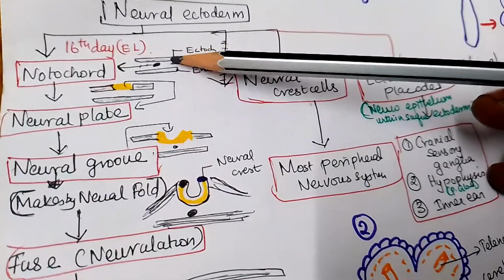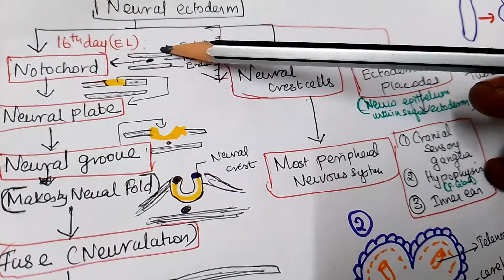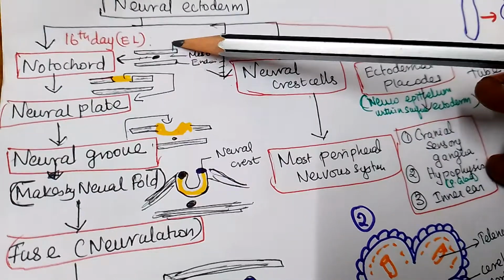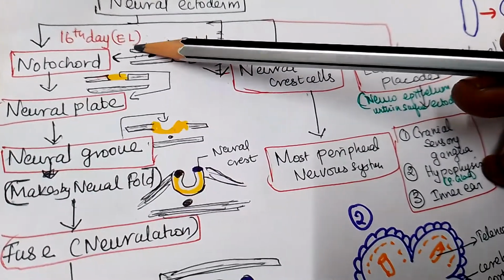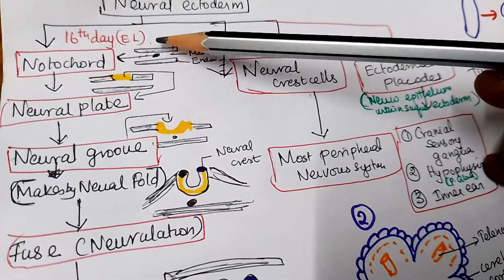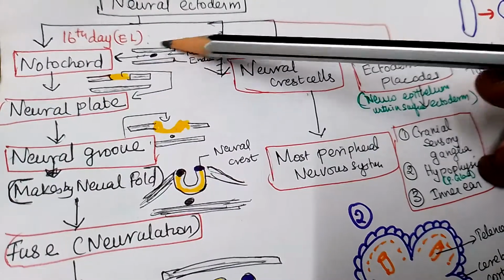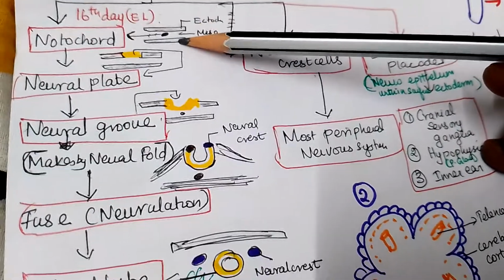From the ectoderm, the upper portion, the neural plate is forming.